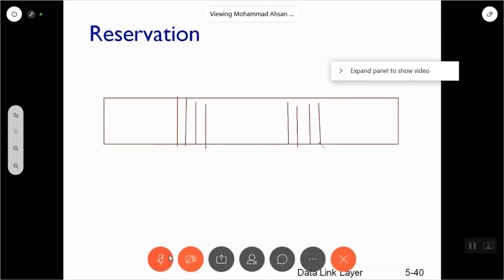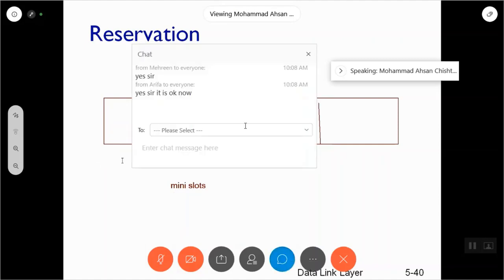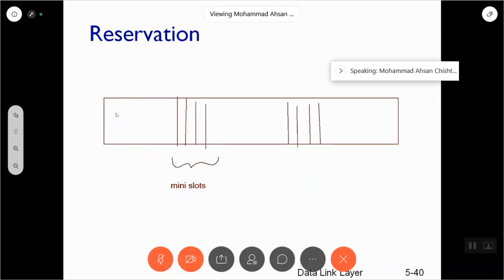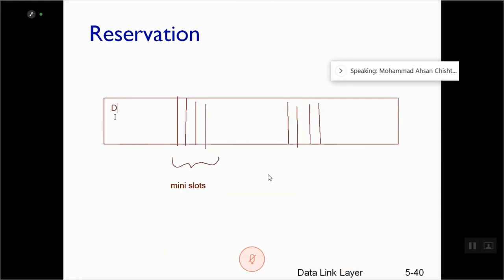Okay, now we have these small ones depicted here. They are what we call mini slots. And we have a bigger slot that is here. In this, we will be sending this is the data station 1. This is the data station 2.